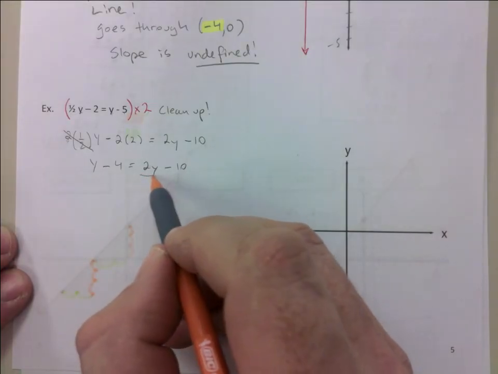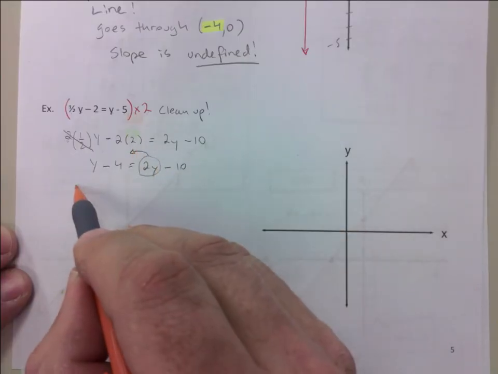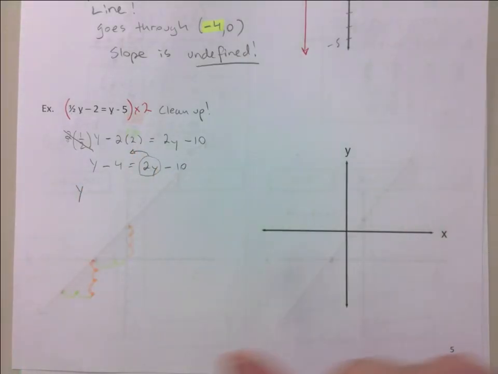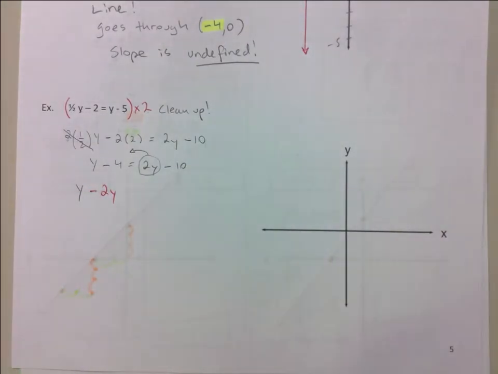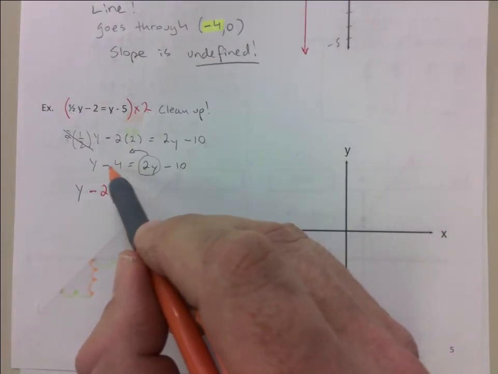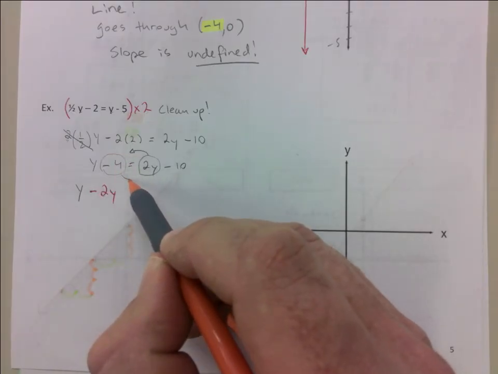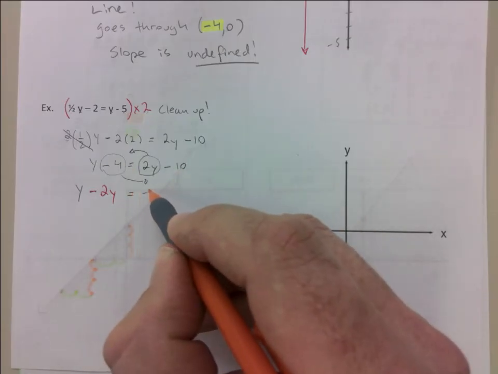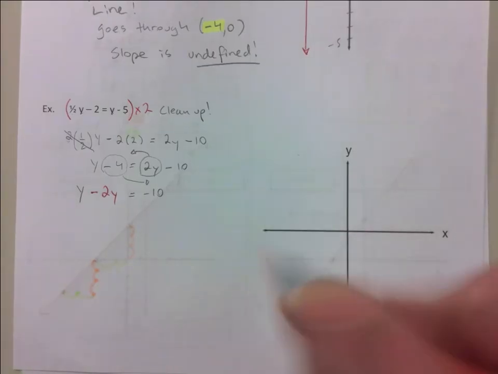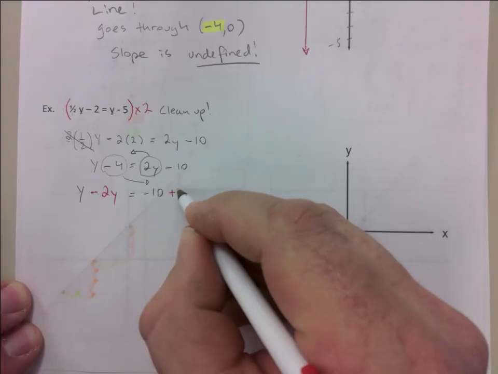Let's bring all the y's over to one side. So it's y minus 2y. What are we going to do with this number here, the constant? We don't like that here, so we're going to bring that one over to this side. So it's -10. This -4 comes over adding.